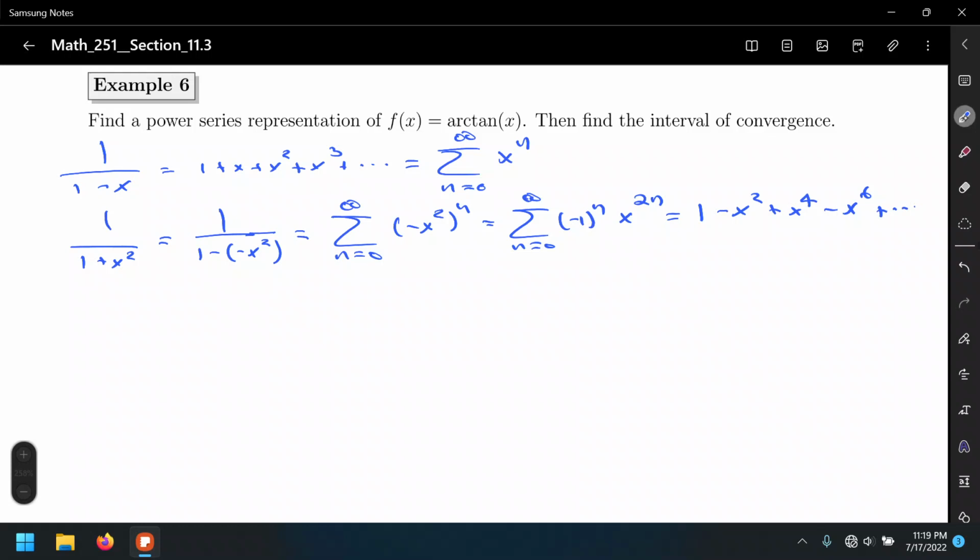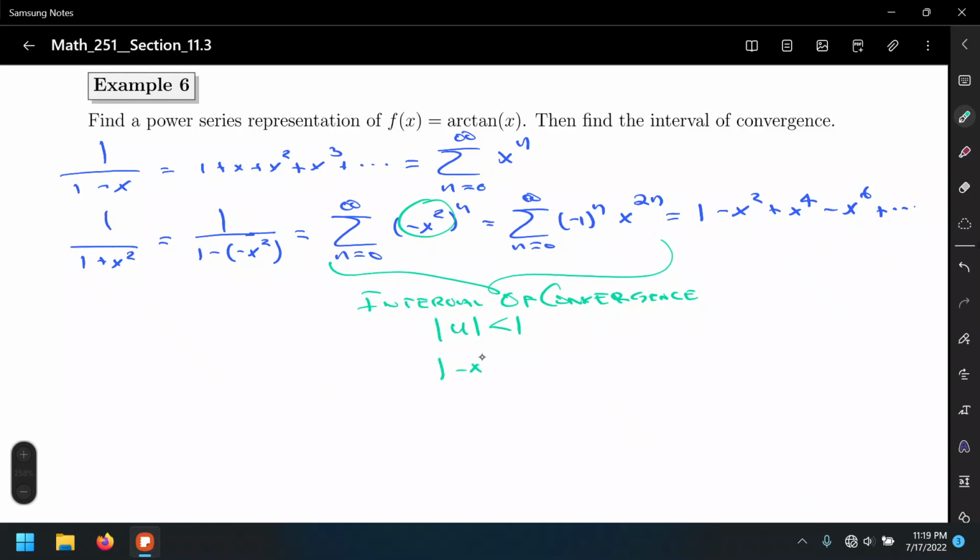Number 1, let me focus on this series right here to find its interval of convergence. The interval of convergence for that series comes from the condition that the absolute value of u is less than 1, where our u is negative x squared.